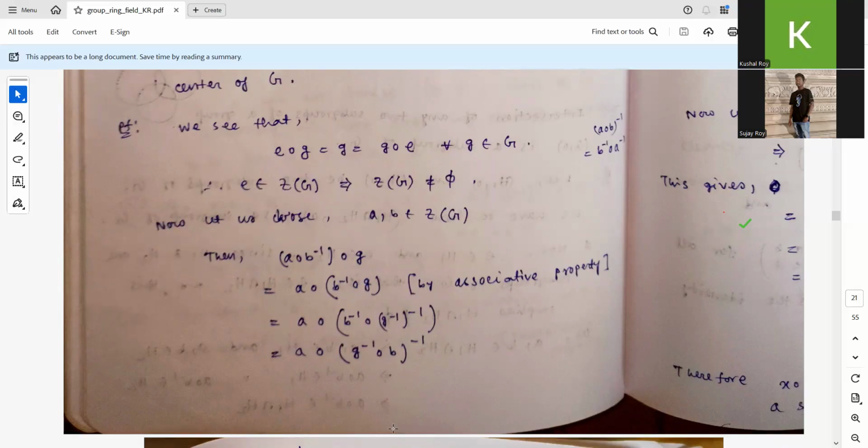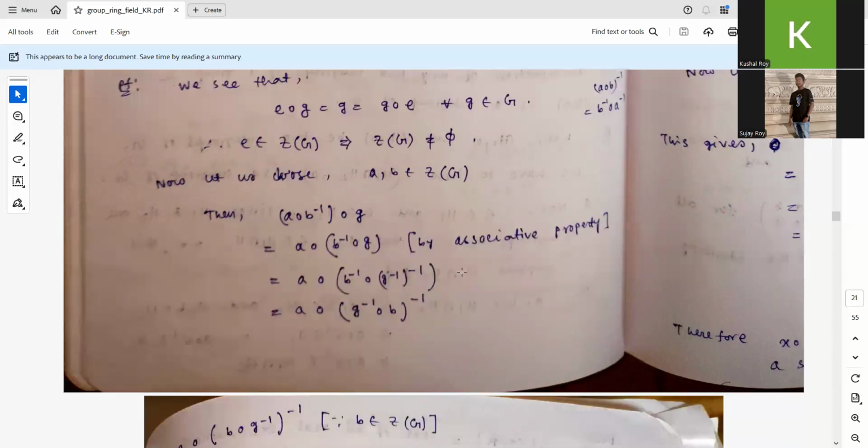Now we show that it is a subgroup. Let us consider two elements a and b from ZG. We have to show that a composition b inverse belongs to the center ZG. Therefore, we have to show that a composition b inverse commutes with each and every element of the group.